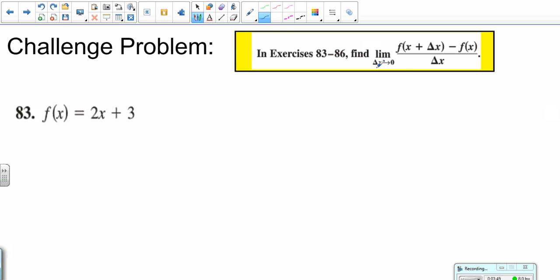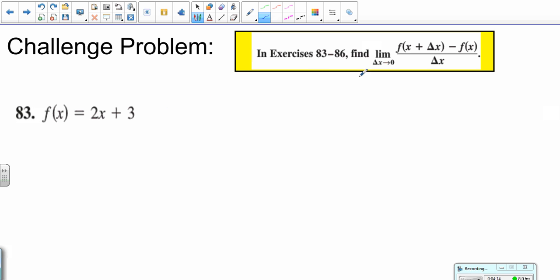Well, remember, a delta sign means change. So what they're really talking about is the amount of change of x, as that change value goes to 0. What would the limit of the function be? This kind of leads us up to stuff that we're going to do in the next chapter. So it does have a purpose to get you kind of prepared for that.